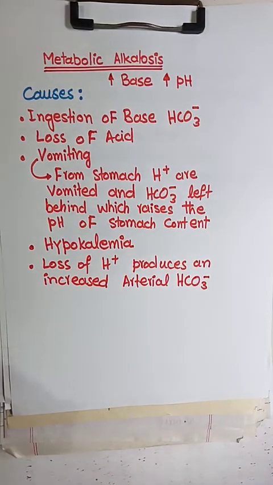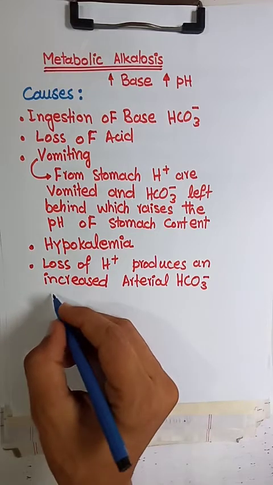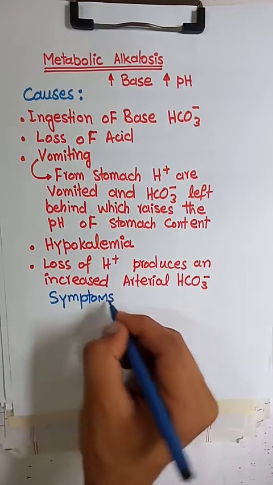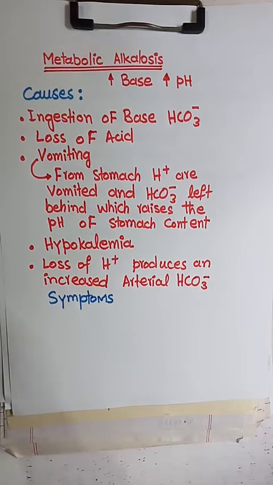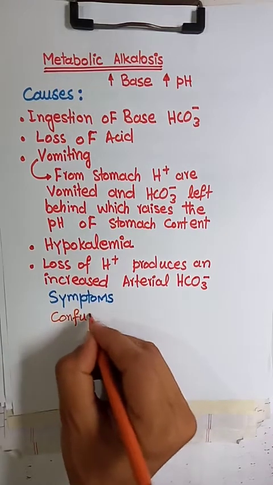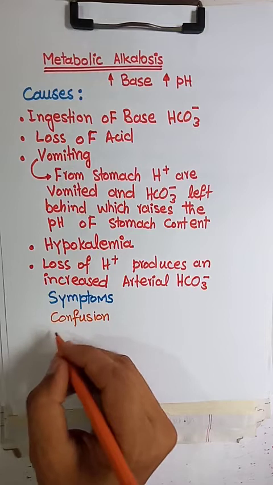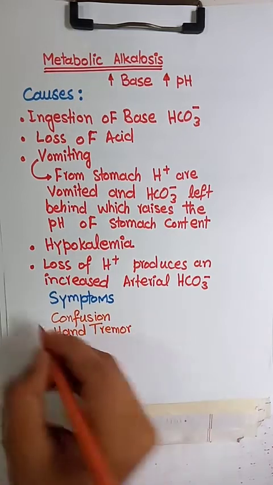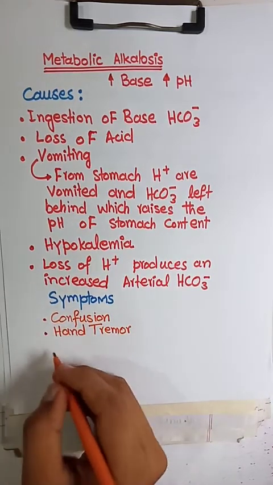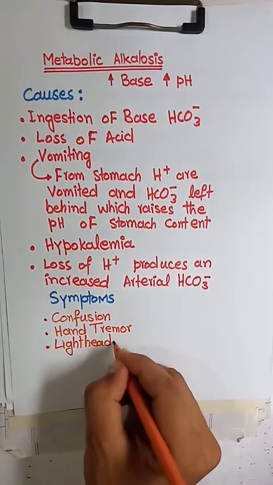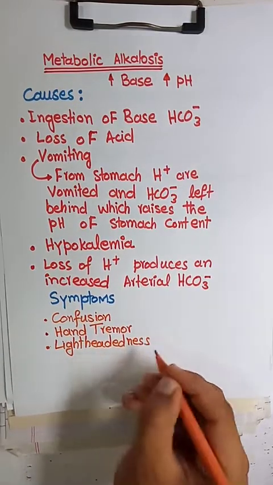Now, signs and symptoms of metabolic alkalosis. Signs and symptoms: confusion, hand tremor, then lightheadedness, and muscle twitching.